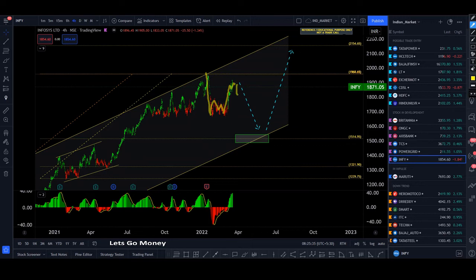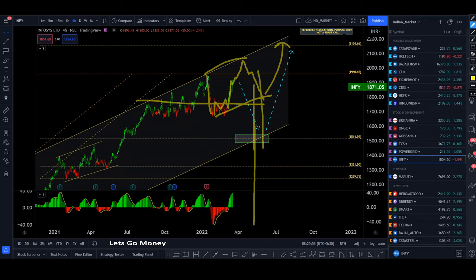Regular flat, which can actually come here, or this can be an impulse down followed by an upward trend, again a correction to come to the support level, which will complete the running flat, and then it can move up. So either way, something like this, mid-April might be the timeline to enter into the trade.